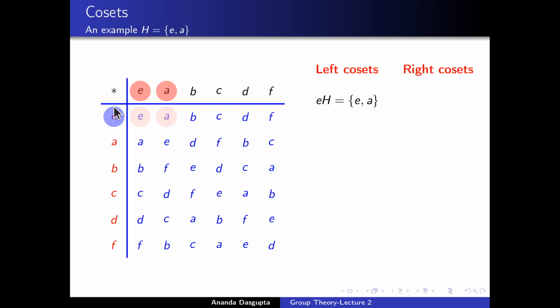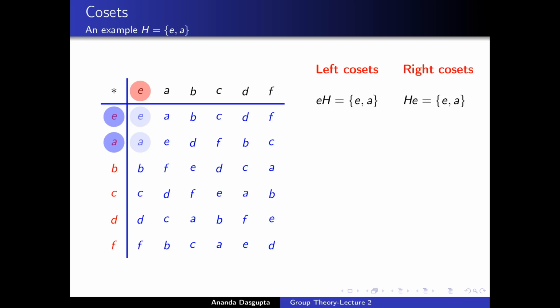For the right coset, you will take the subgroup element first, so e and a from here, and multiply them on the right by e. So He is again obviously e and a from this picture. Not really very interesting. It's obvious that if you multiply elements of a subgroup either on the left or on the right by the identity, you're going to get the subgroup back.